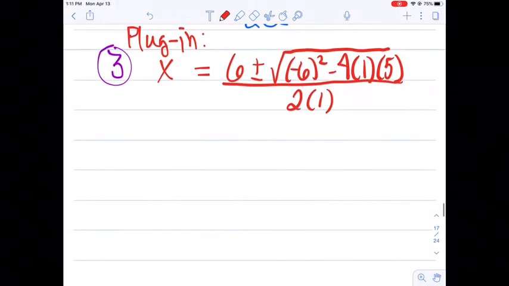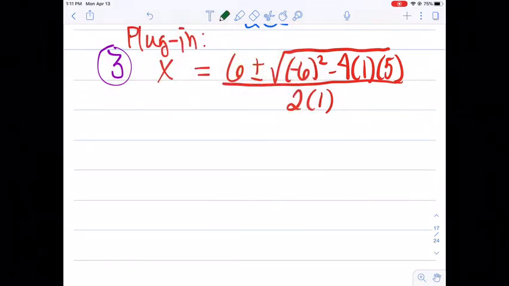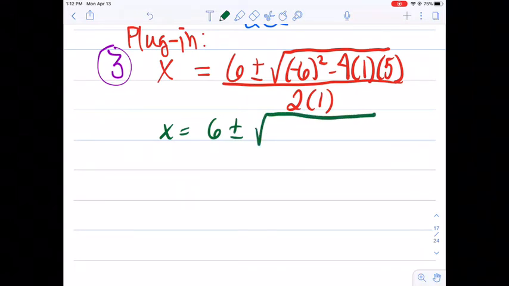Now all I do is use the order of operations and simplify it. That's all I have to do. So, here we go. X equals 6 plus or minus the square root. We're going to do negative 6 squared, that's 36. Now over here, I like to treat this as a negative 4 every single time.